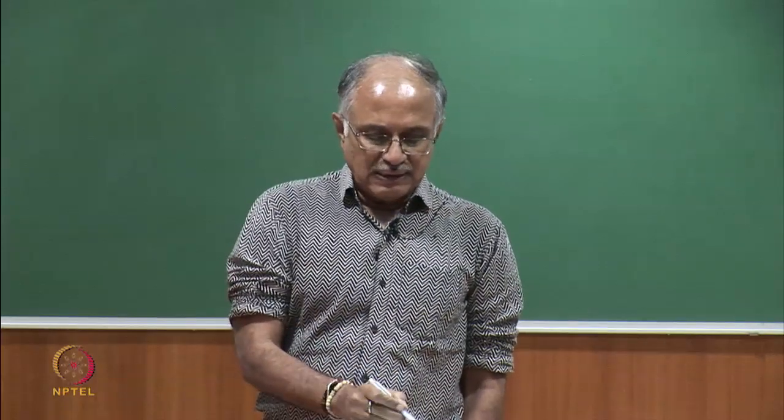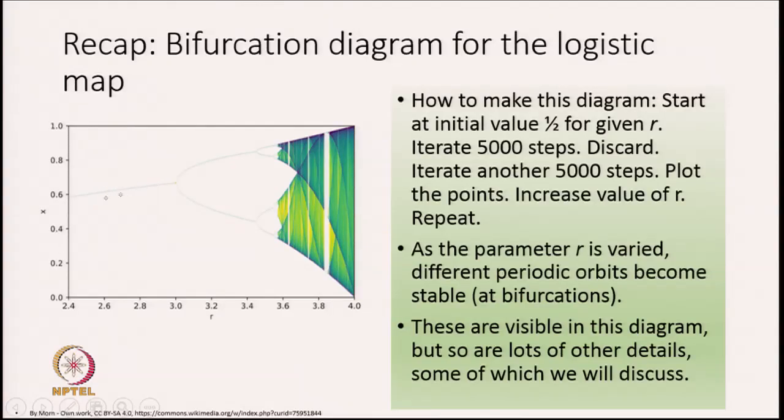If the map has come to the stable fixed point over here, all the 5000 points at, let us say, 2.6 will be a single point, but as you go for larger values of r, these 5000 points will sweep out over the interval. So, what one does is you keep changing the value of r slowly. You start again with this initial value, iterate, discard, iterate, plot, increase the value of r, continue, etc.